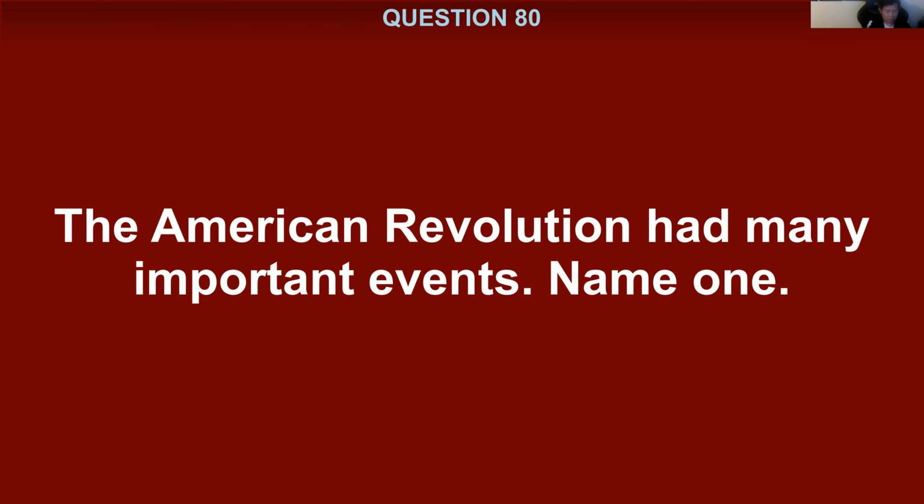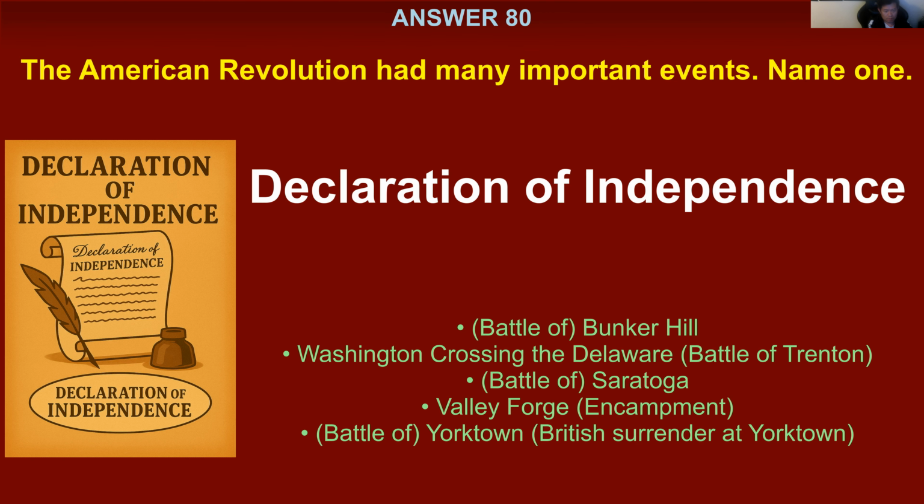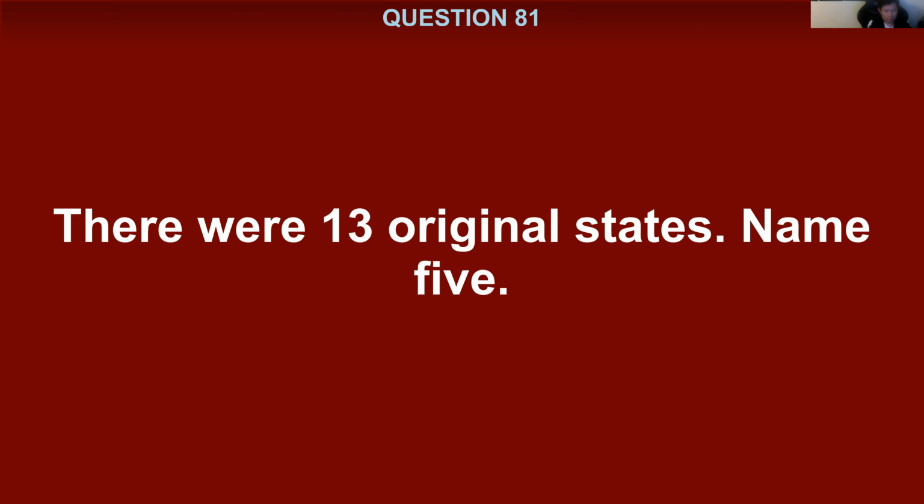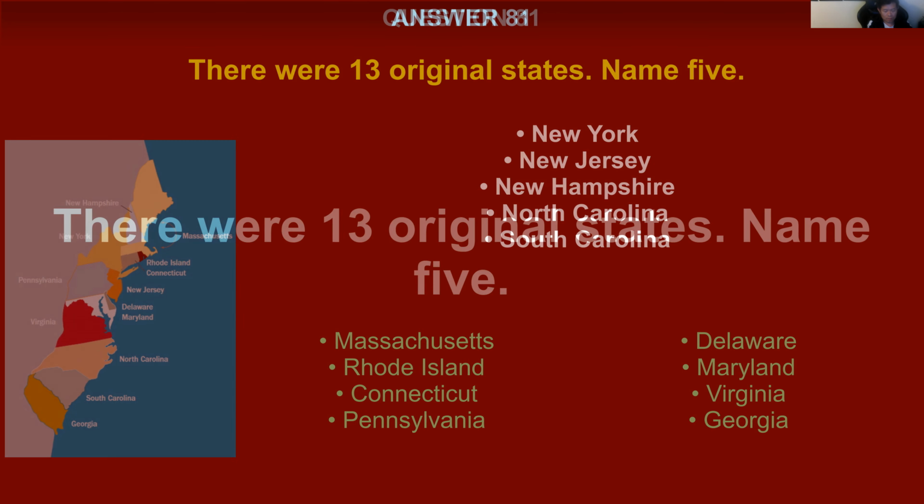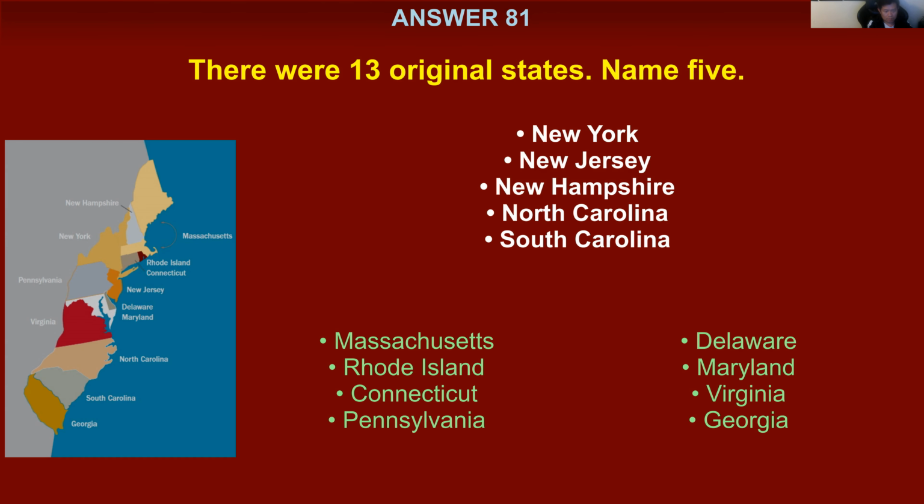Name one. Declaration of Independence. There were 13 original states. Name 5. New York, New Jersey, New Hampshire, North Carolina, South Carolina.